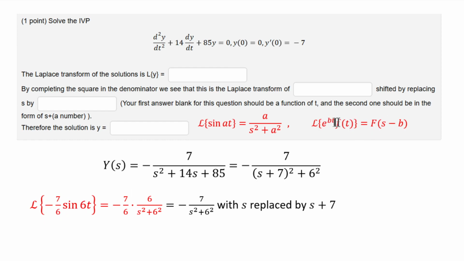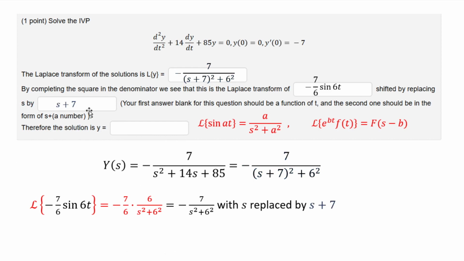The e to the bt will be figured out later. So first, this is what you want, and it's really asking you to put this into this blank, okay? And then, of course, Y of s is this, so that's what should go in here. And then we said s is replaced by s plus 7, so put that there.